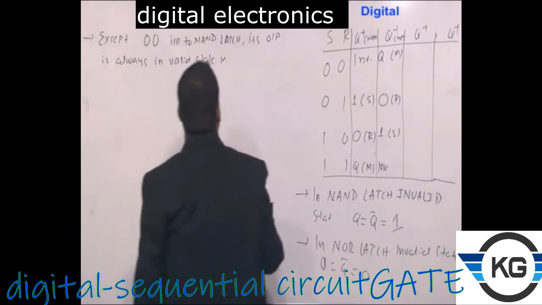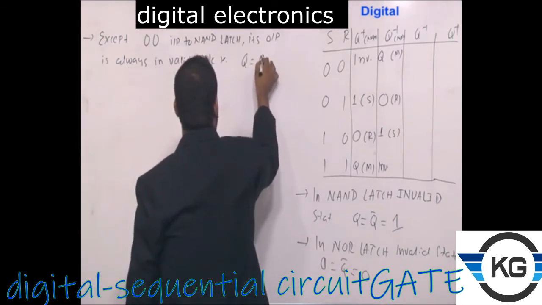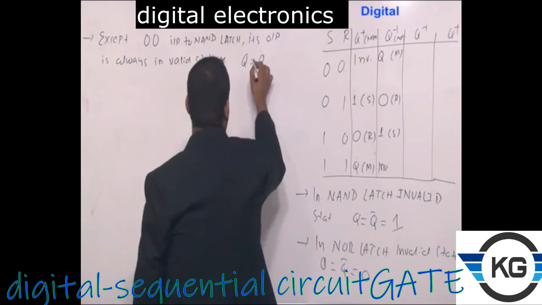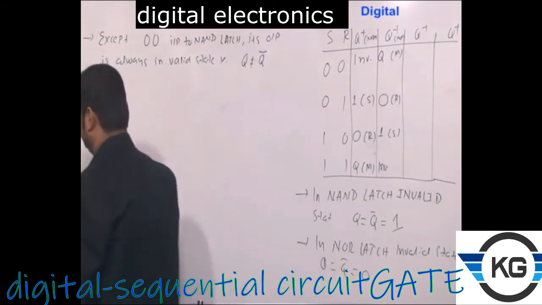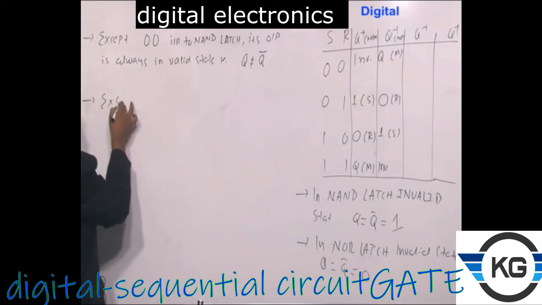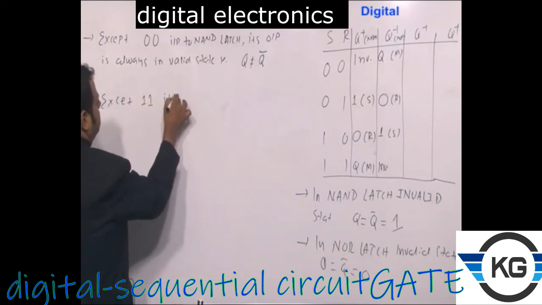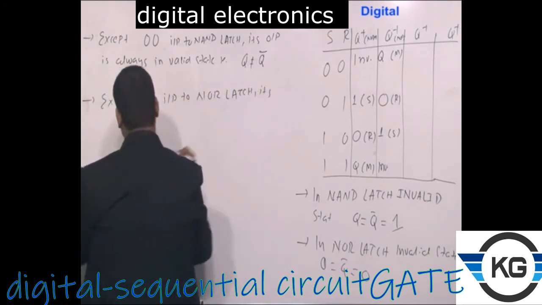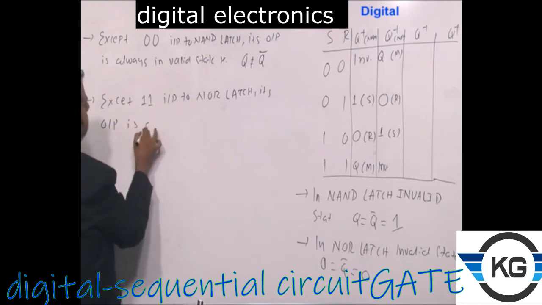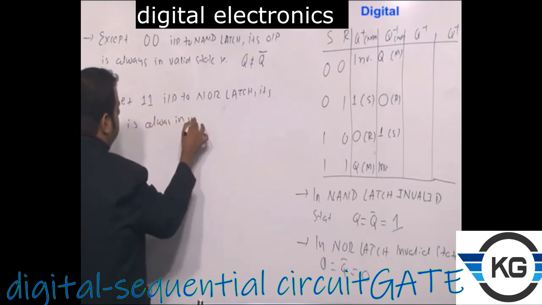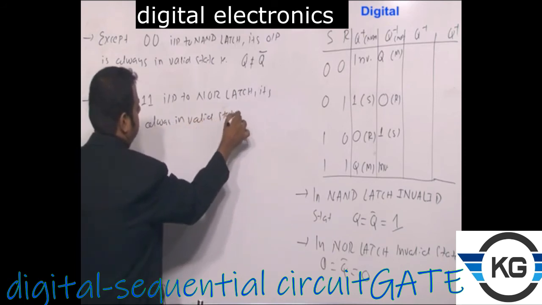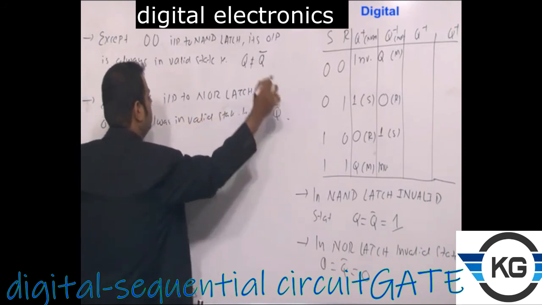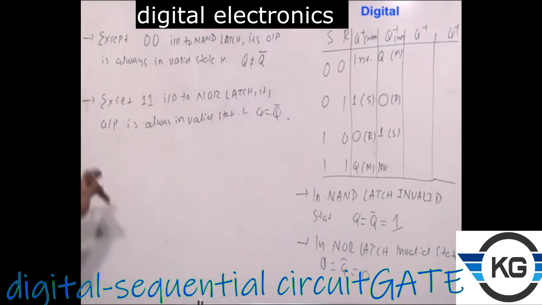That is, Q is not equal to Q bar. Similarly, except 1, 1 input to the NOR latch, its output is always in a valid state. That is, Q is not equal to Q bar. These are the observations. Please remember, I am going to use them while solving problems. So please take a note of this.